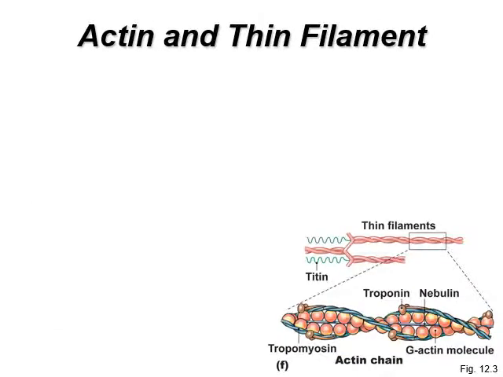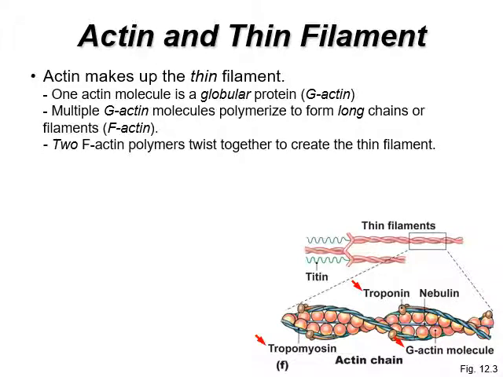As for the thin filament, the actin is made up of these individual little G-actin units, these little balls that are connected together. We have these long strands of G-actins that make what's called the F-actin.